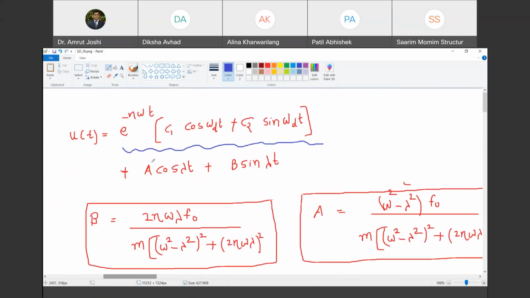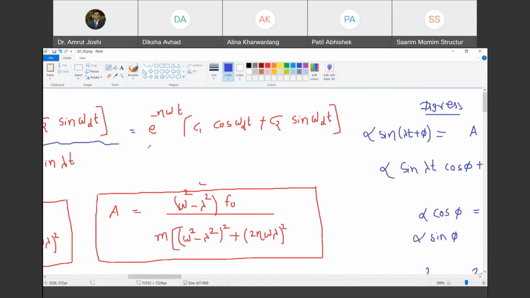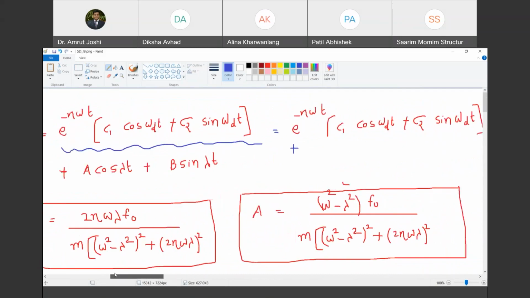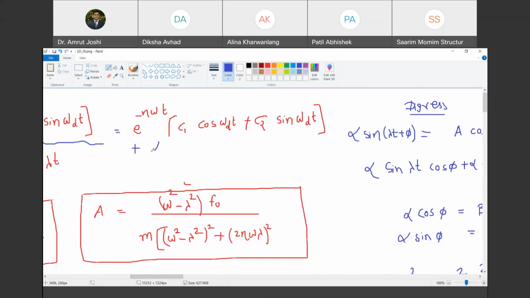I am not going to express this pi in this form. Instead of that I will express it plus alpha sin lambda t plus phi. Agreed? Where I know that alpha is equal to square root of a square plus b square.